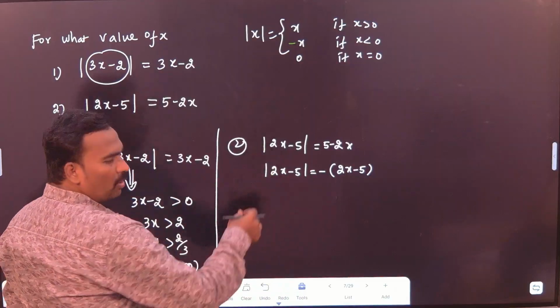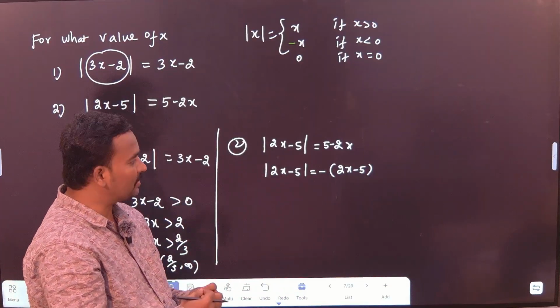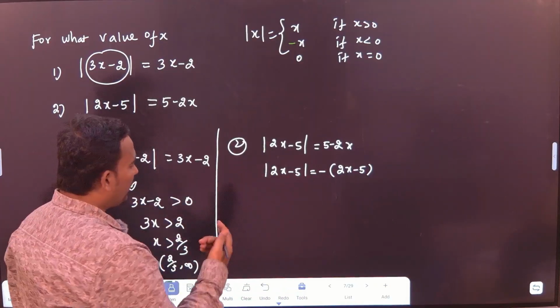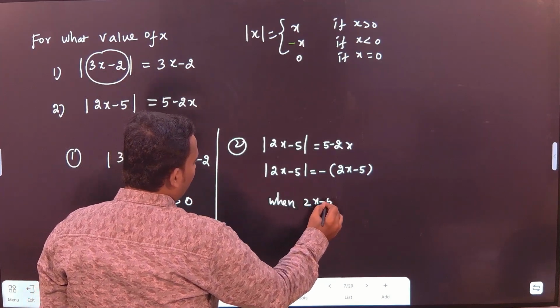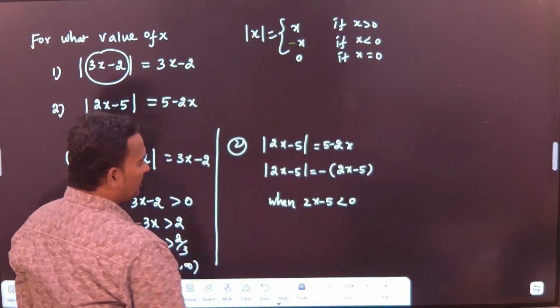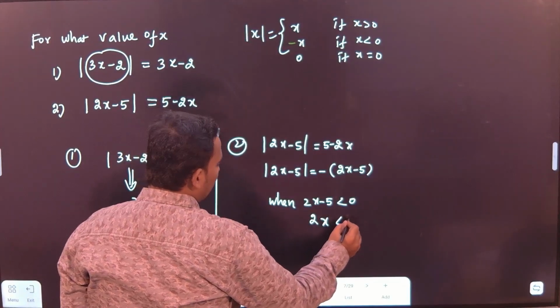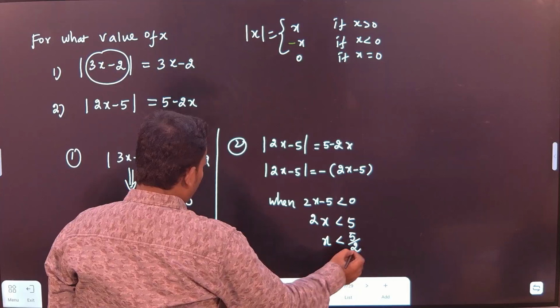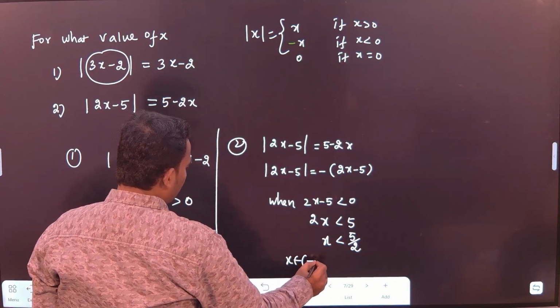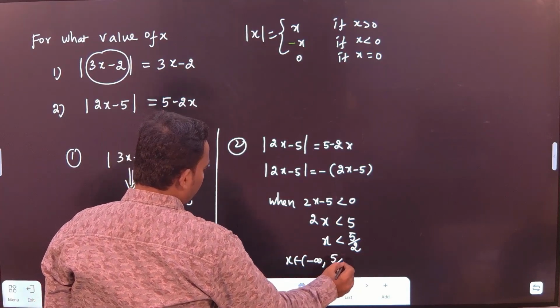The same way, mod 2x minus 5 is equal to minus of (2x minus 5). So when is it possible? When 2x minus 5 is less than 0. Clear? You can solve this. 2x less than 5. That means x should be less than 5 by 2. That means x belongs to minus infinity to 5 by 2.